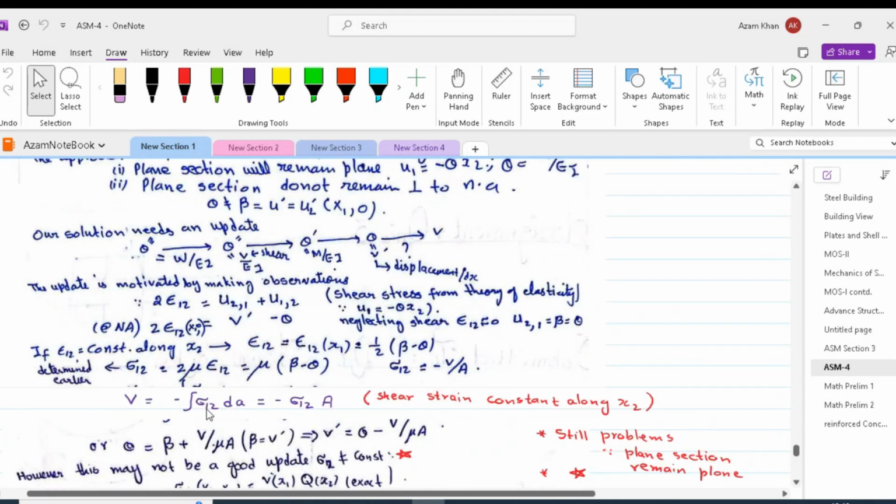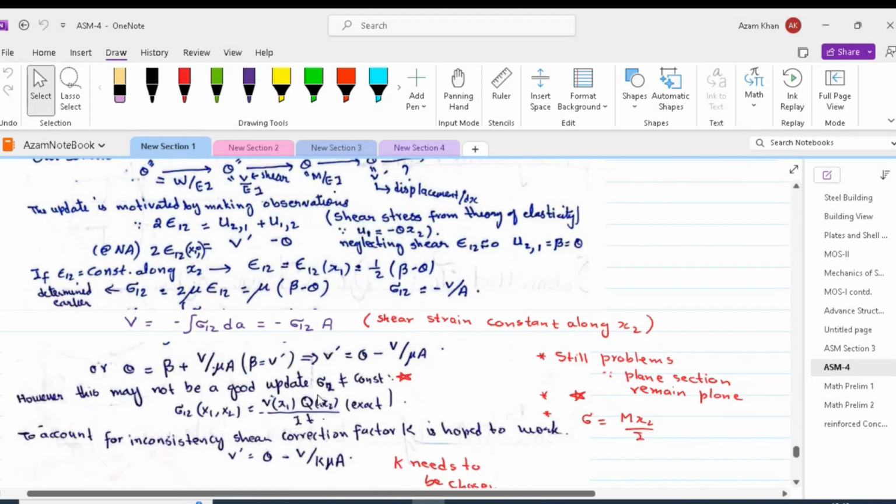If σ1,2 is considered constant along the whole depth, then σ1,2 can come out of the integral and we get σ1,2 times A. Thus, σ1,2 is equal to minus V by A. Plugging the values into this expression, we get θ is equal to β plus V by μA.